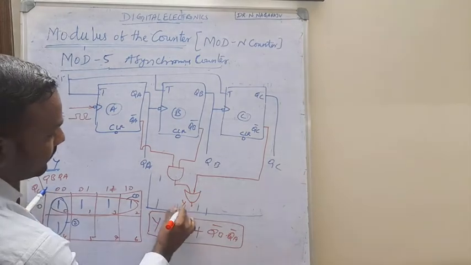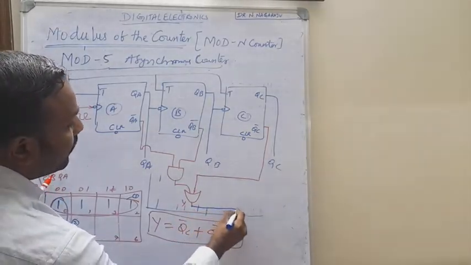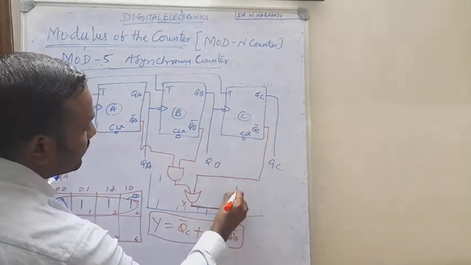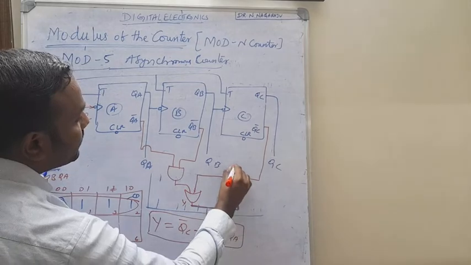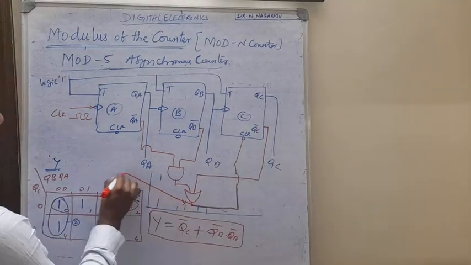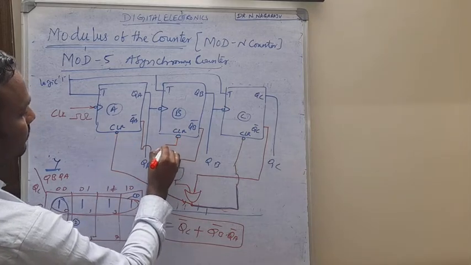This is Y actually, right? So this should be connected to all clear signals of all flip-flops. See, I have connected here also, and then I am going to connect this also.